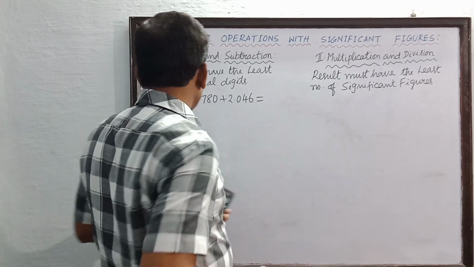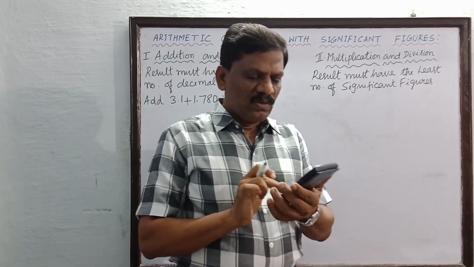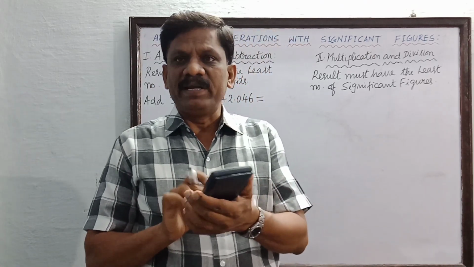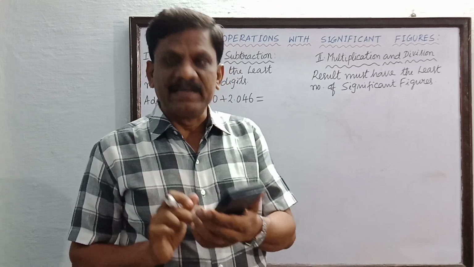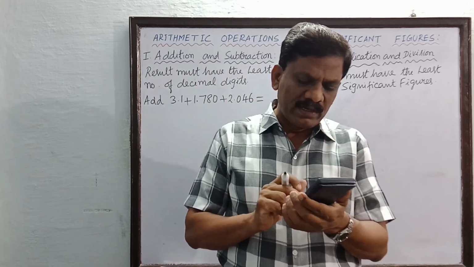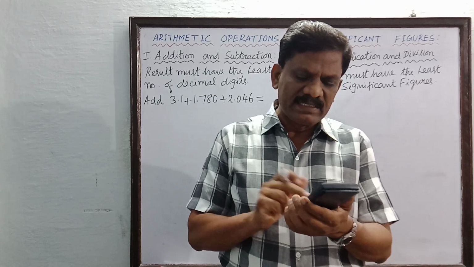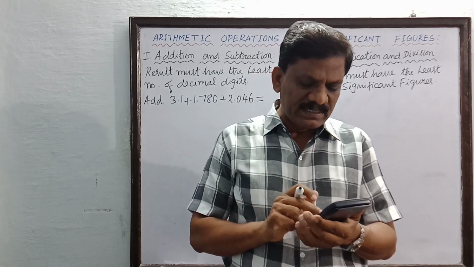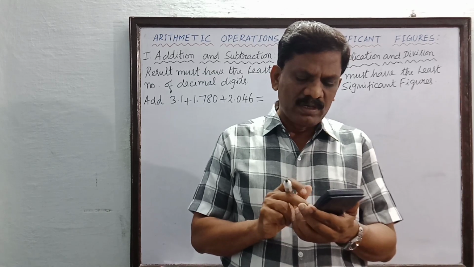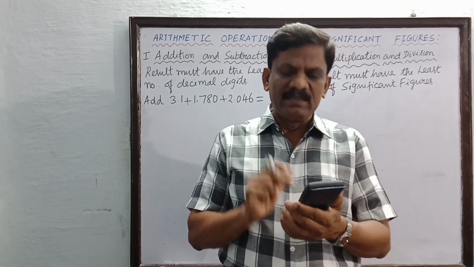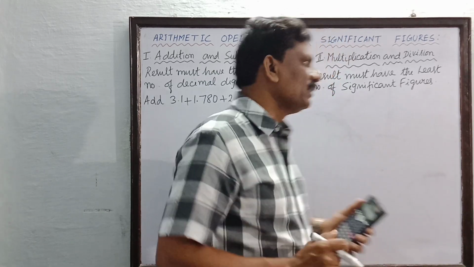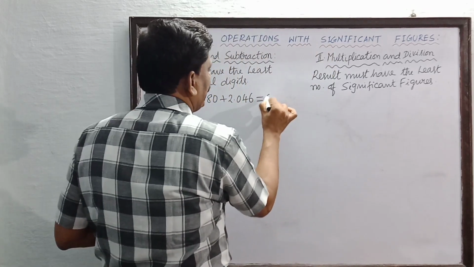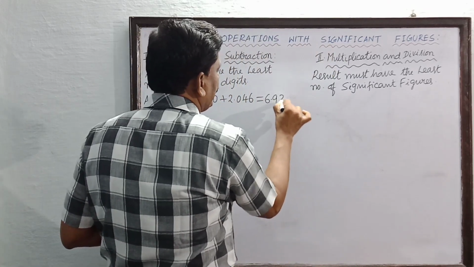So these three numbers when I add, the first number is 3.1 plus the second number 1.780 plus the third number 2.046. So when I add these, I find that the addition is 6.926.